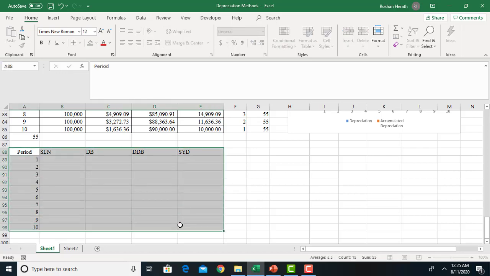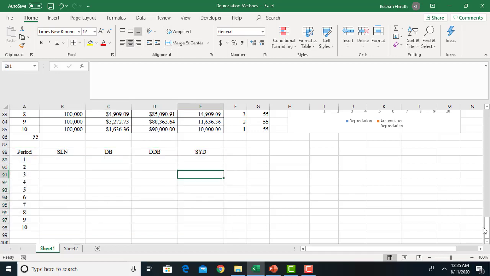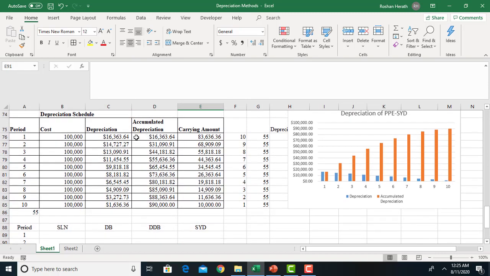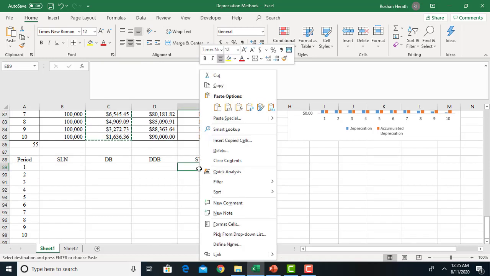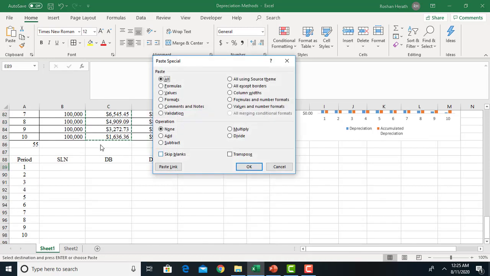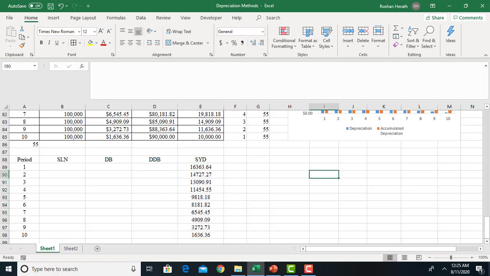Now we may take the depreciation that we had computed under each, starting with the depreciation from the sum of year digit method. You can copy it and make sure to paste only the values. You have learned paste special, so make sure to take the values, and that is what is important for us.